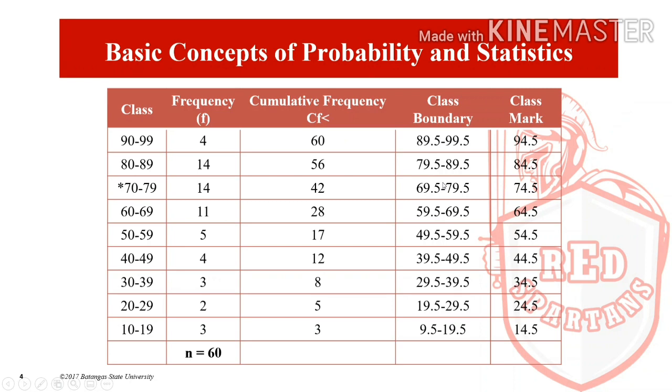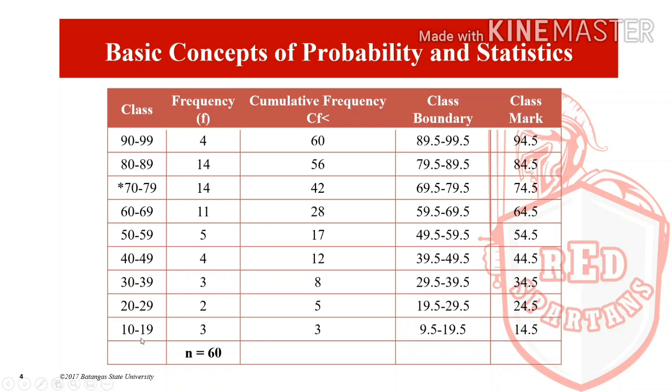Ito, yung ating example na meron tayong 60 students or meron tayong data na 60 scores sa exam. So, yung highest value ay nasa class interval na 90 to 99, meaning yung ating exact upper limit is 99.5. And also yung ating lowest value ay nasa class interval na 10 to 19.